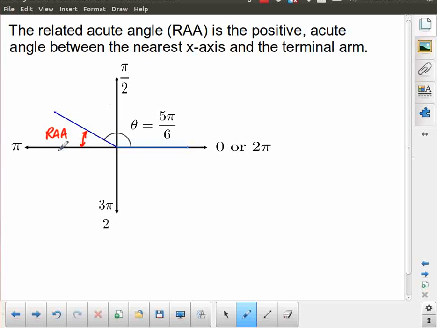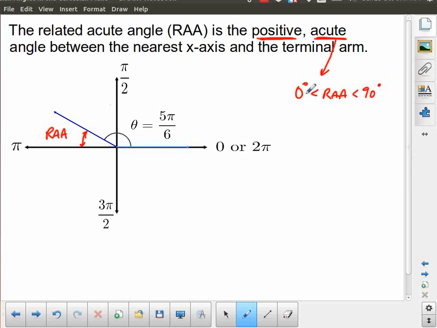So you can see, first of all, I chose it here because this negative part of the x-axis is the closest part of the x-axis to this angle. And a couple of other things to emphasize: obviously the idea that it's positive and the fact that it's acute. When we were working in degrees, that meant that 0 degrees was less than the related acute angle, which is less than 90 degrees.